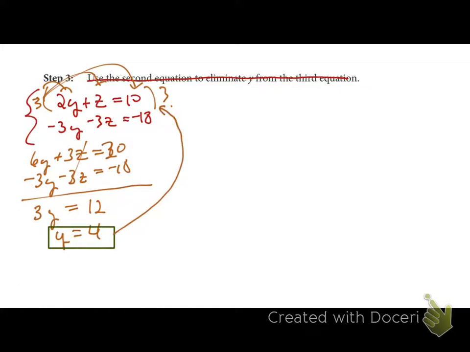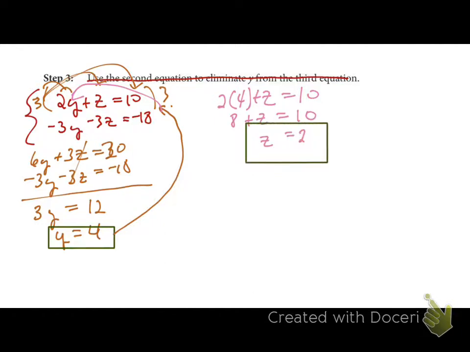So that gives me 2y, so I'm going to replace it with my 4 that I just found, plus my z equal to 10. So that would give me 8 plus z equal to 10. And solving that for z, when I subtract the 8, I would get z equal to a positive 2.